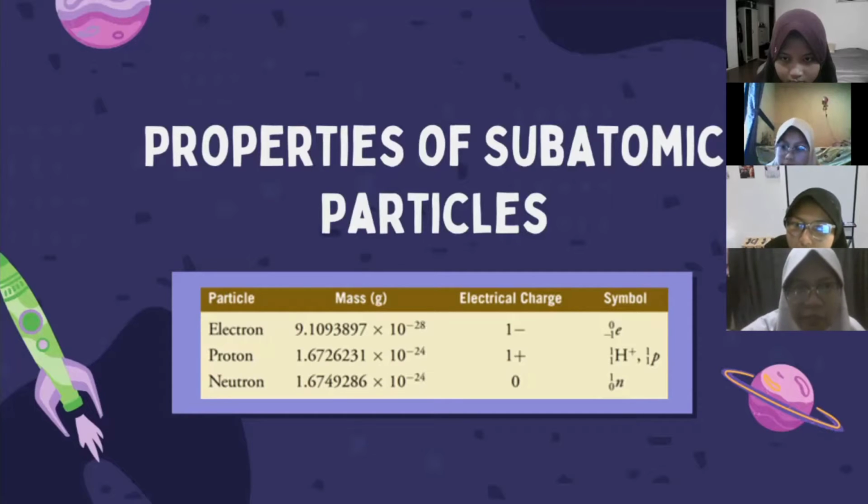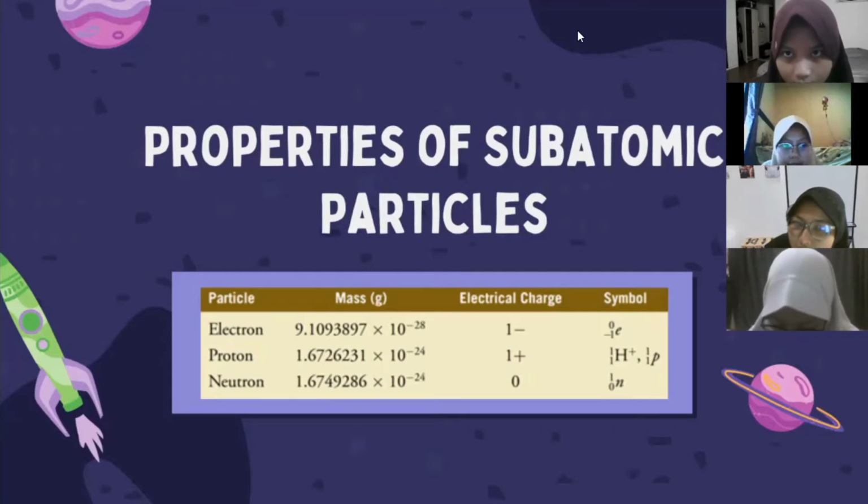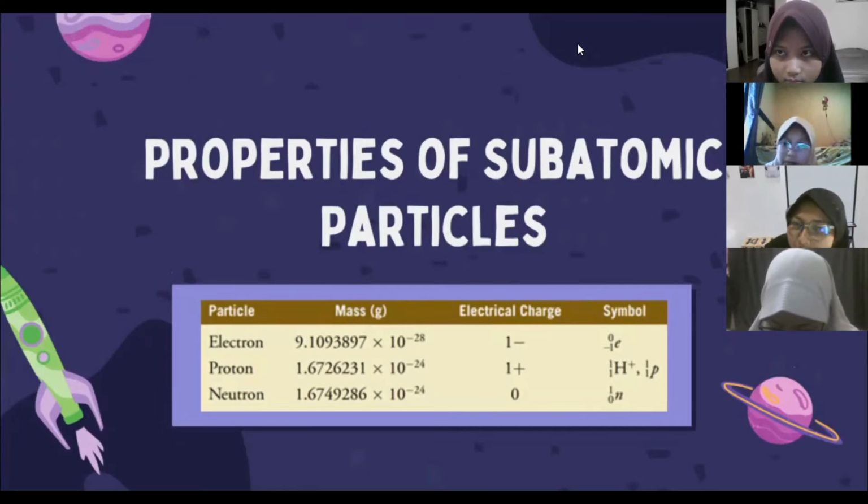The second one is the proton. The proton has a mass of 1.67262231 times 10 to the power of minus 24, and it has 1 plus electrical charge, and this is the symbol.